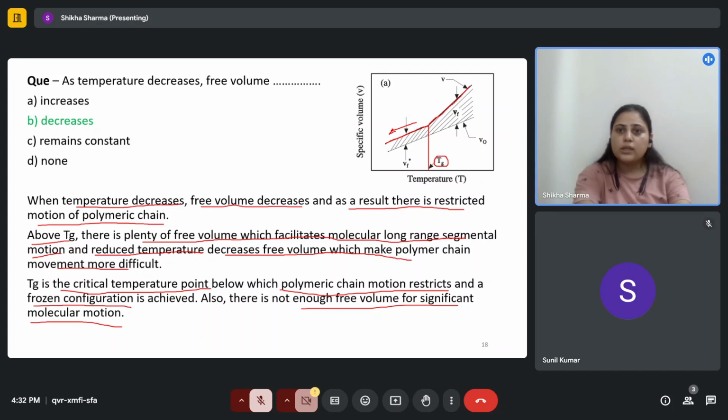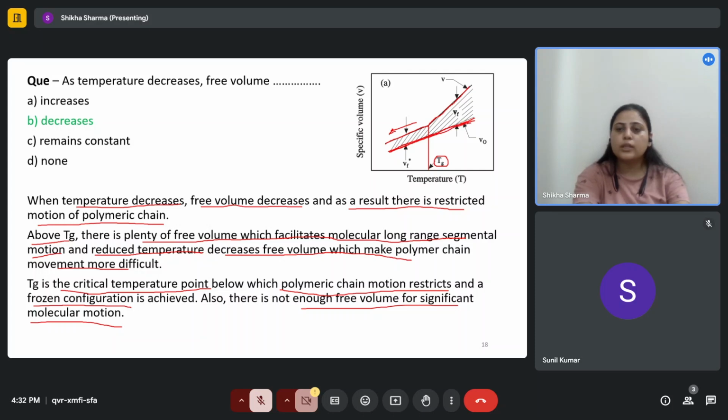If we plot the graph, the lower line is indicating the polymer volume. So polymeric volume is constant, right, below and above the glass transition temperature. So this space is fixed.